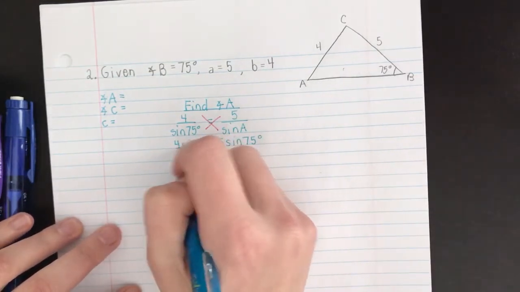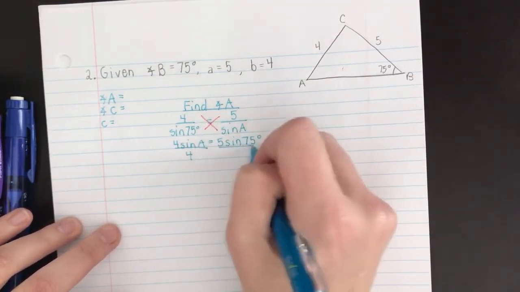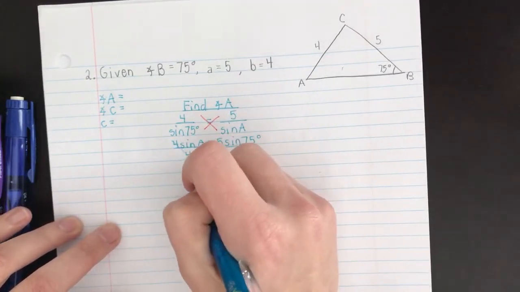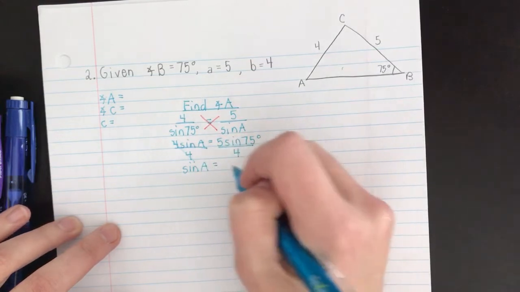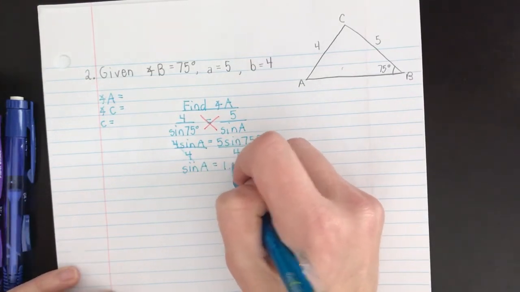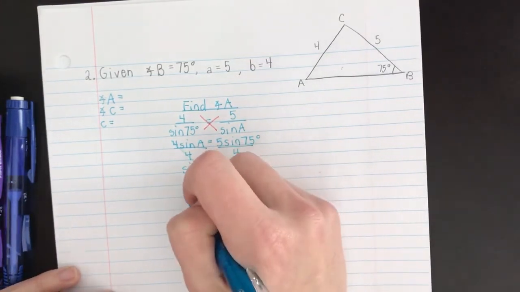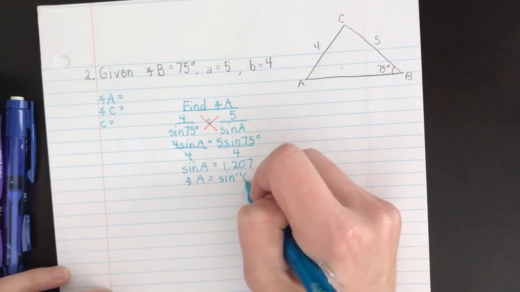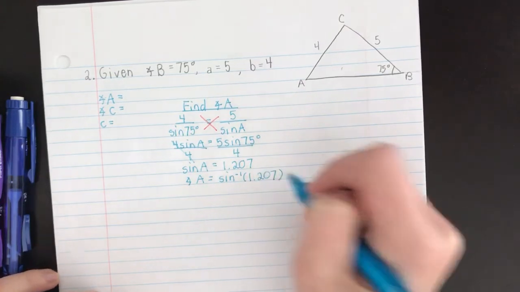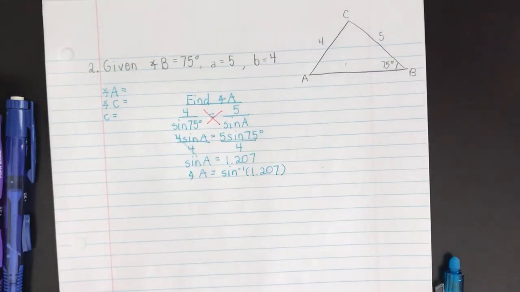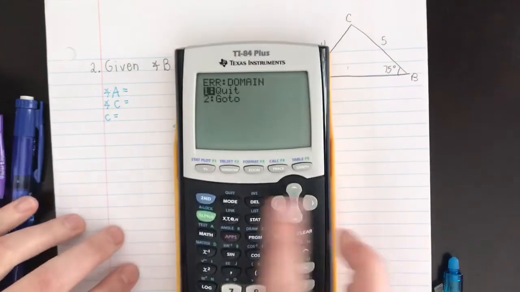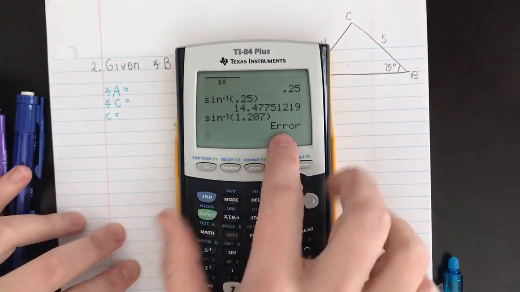Then divide by 4 on both sides. You plug this in the calculator, you get sine A equals 1.207. So then angle A equals sine inverse of 1.207. And what happens when you type sine inverse of 1.207 in the calculator? It tells you error.